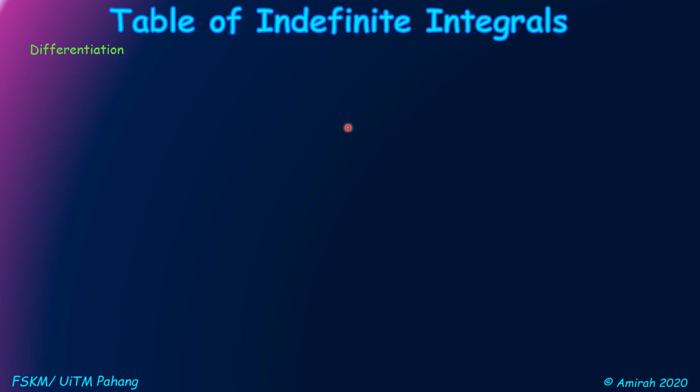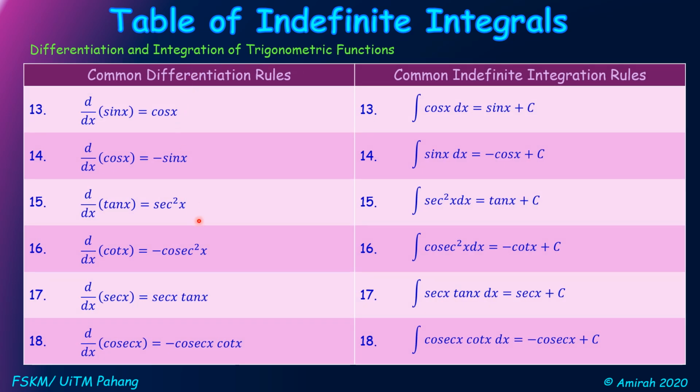Alright, now we look at differentiation and integration of trigonometric functions. The left column is the common differentiation rules for trigonometric functions, and the right column is the common indefinite integration rules for trigonometric functions. First, the derivative of sin x equals cos x.